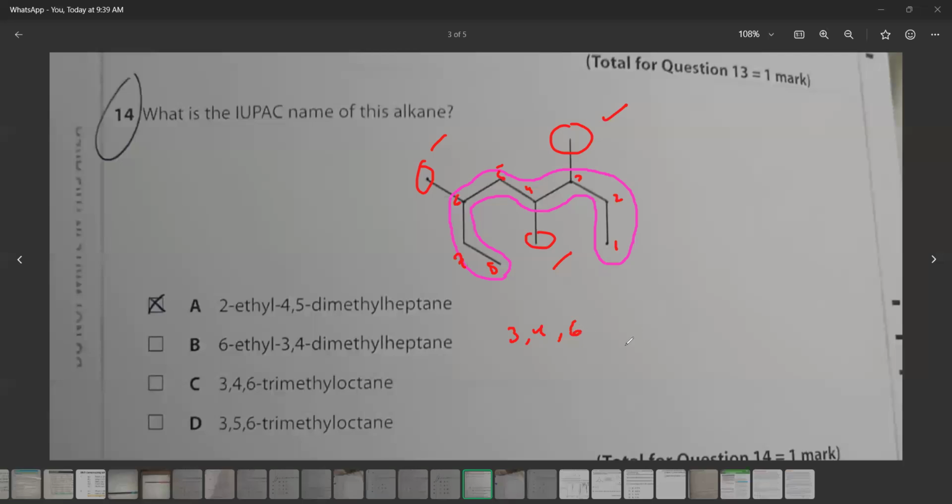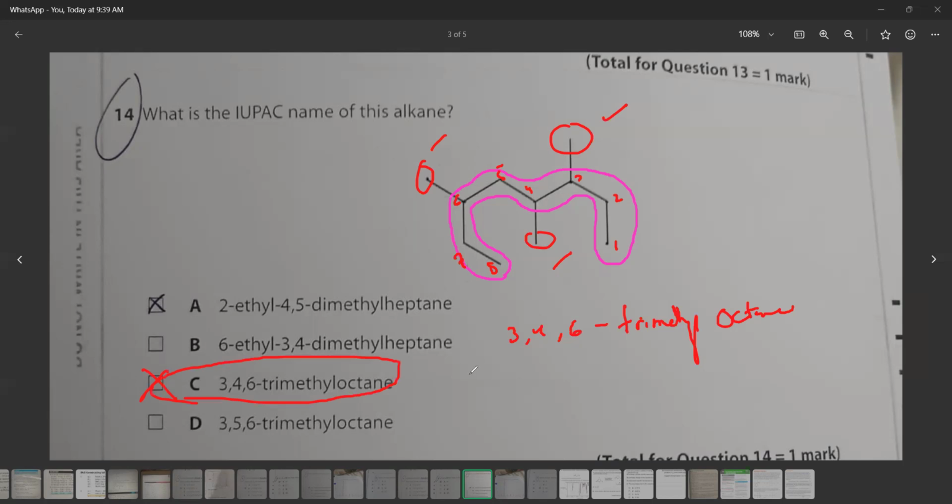And how many of them? Three of them, so I'll call it tri. Each has one carbon, so it is methyl. And then 8 carbon atoms are there, so it will be octane. So 3,4,6-trimethyloctane, so C should be the right answer.